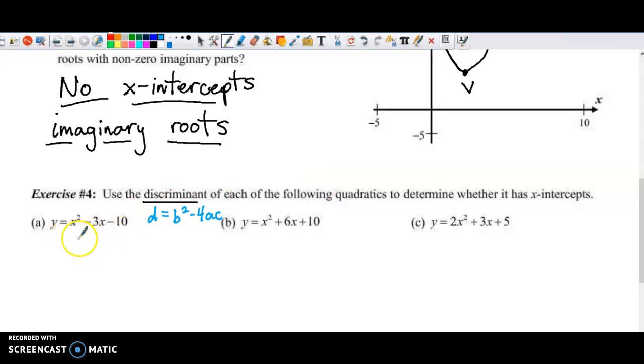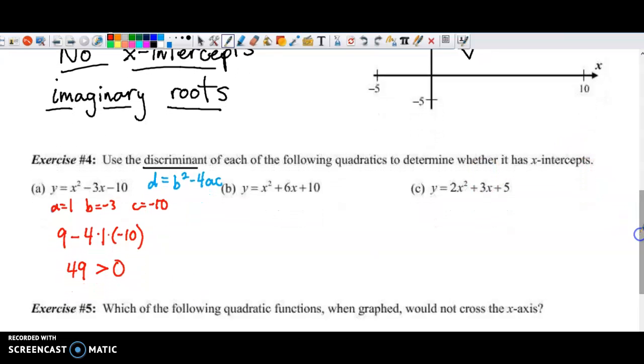So if I look at this, and as a reminder, I should change colors. A is 1, b is -3, and c is -10. Well, if I use that in the formula, remember -3 squared is +9, -4 times a is 1 times c is -10. That equals 49, but all I care about is that it's a positive number.